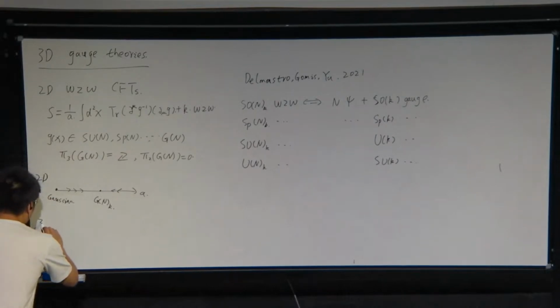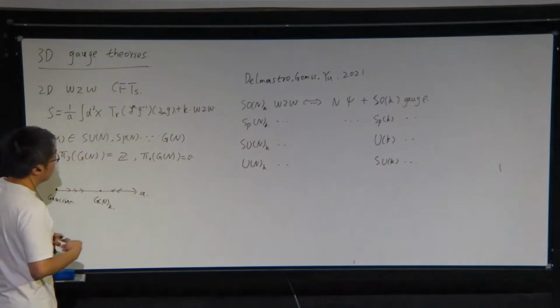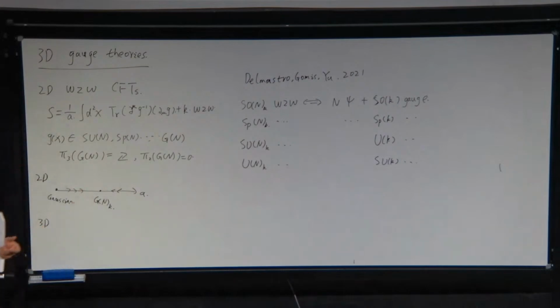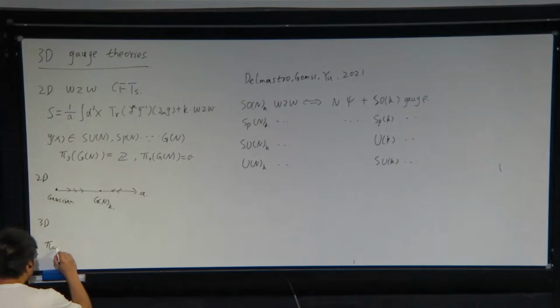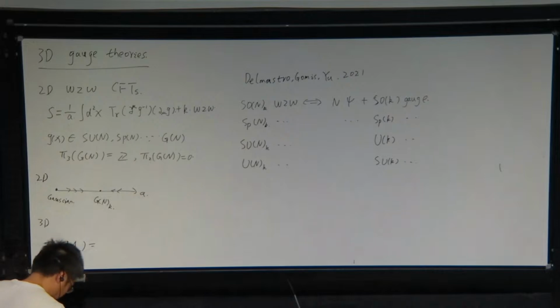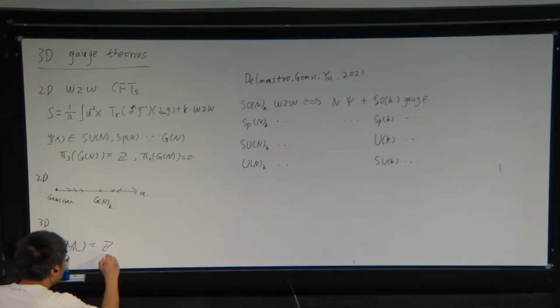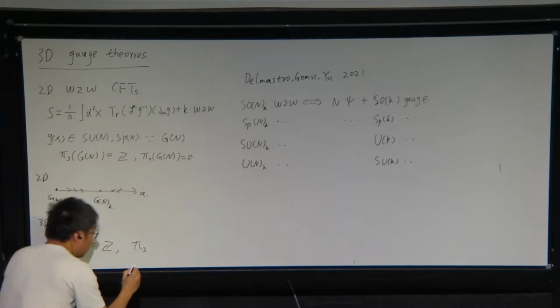Let's say we have nonlinear sigma models in 3D defined on a certain target space. That target space should have a non-trivial pi4. Let me call this target space M, fancy M, and it should have a non-trivial pi4 and a trivial pi3.